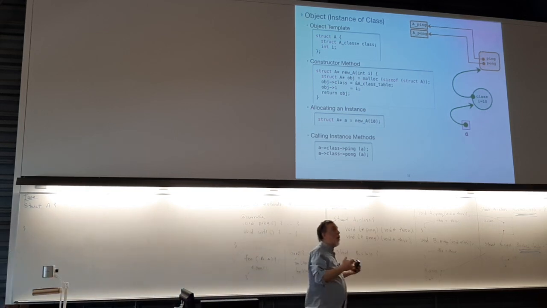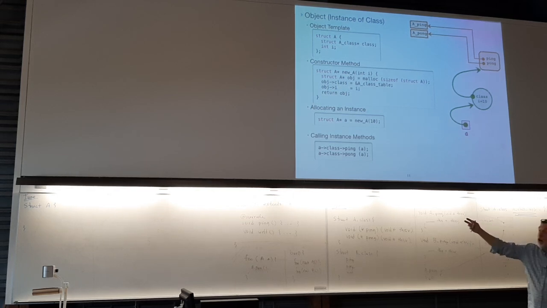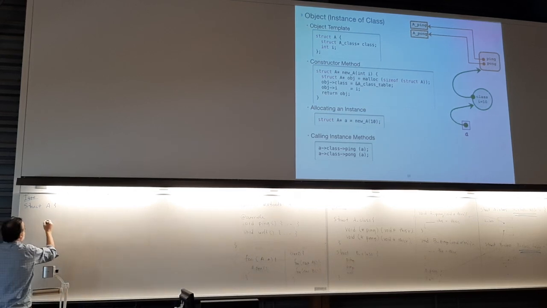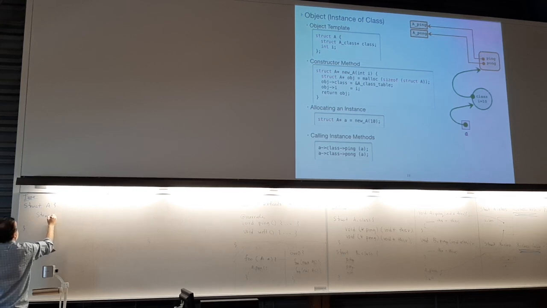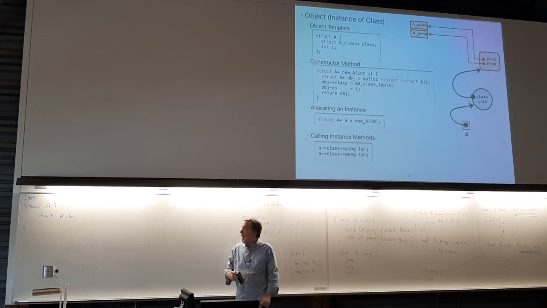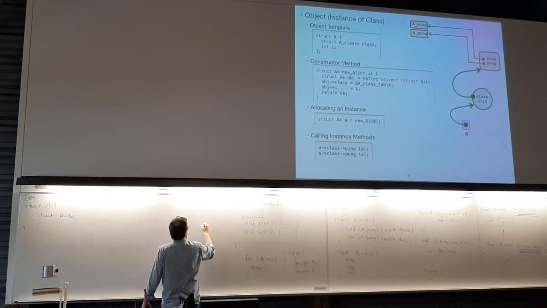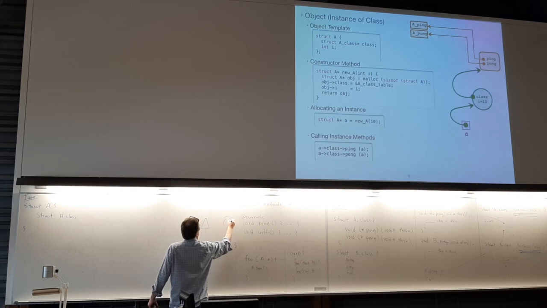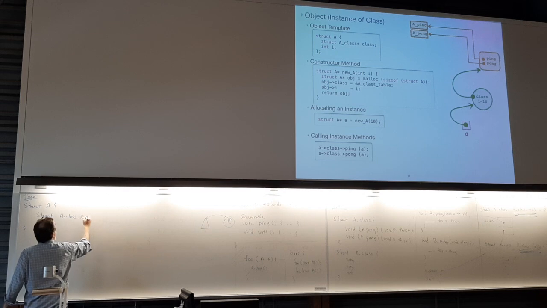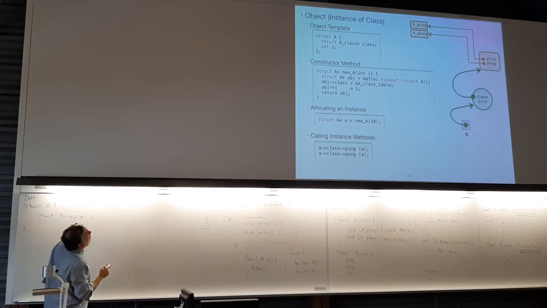So this is the template for all of the dynamic stuff in the class. If there were instance variables, they would be listed here. There are none. And there's going to be a pointer to the class object for this thing. So there's a pointer here to struct A class, right? One of these things, right? That. So struct A class star, I'm going to call it class.